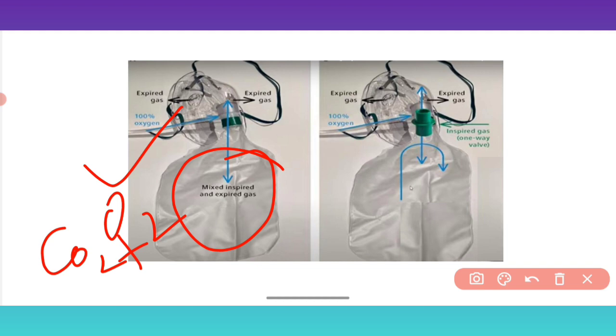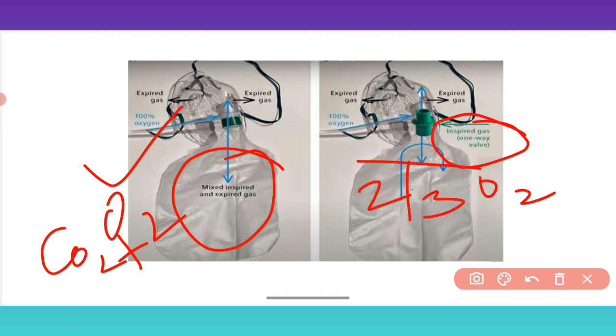Understand, guys? Fine. And the non-rebreathable mask will have only one way valve. See, two-thirds of the oxygen will be filled in the reservoir. This bag is called what? Reservoir bag. Two-thirds of the oxygen will be filled in the reservoir bag and the oxygen will be going towards the patient. That's all. There is no mixing of the air. That's why it has only one way valve.